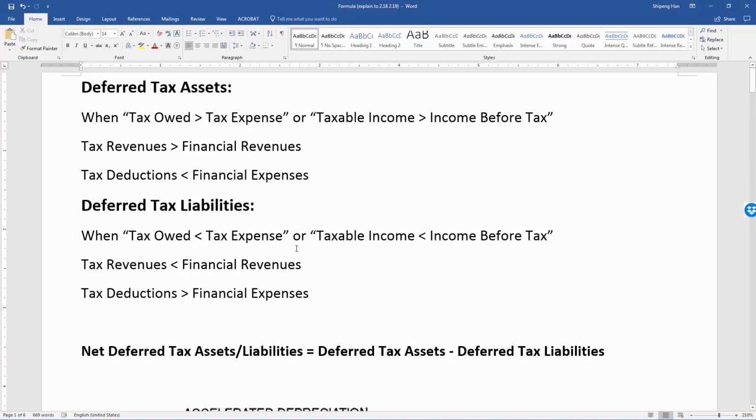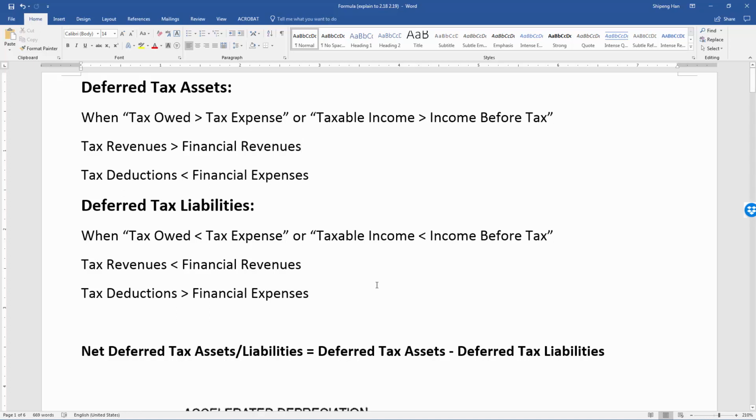If the company expects certain items to make taxable income less than income before tax in the future, we can also observe the deferred tax liability accumulate or increase. Otherwise, if the trend reverses, we will observe the direction reversed, and finally the deferred tax liabilities will be diminished or reduced.